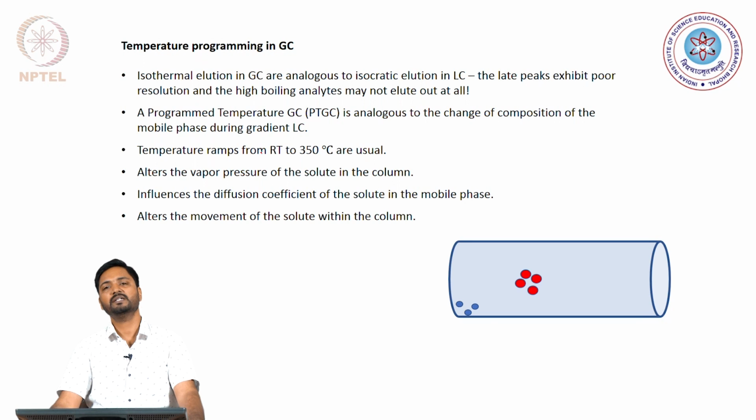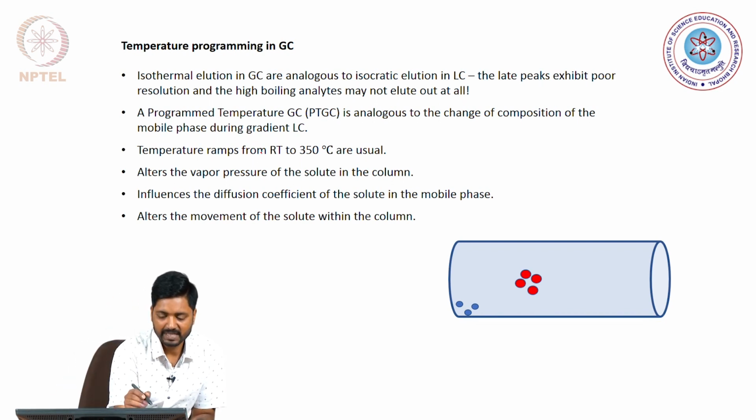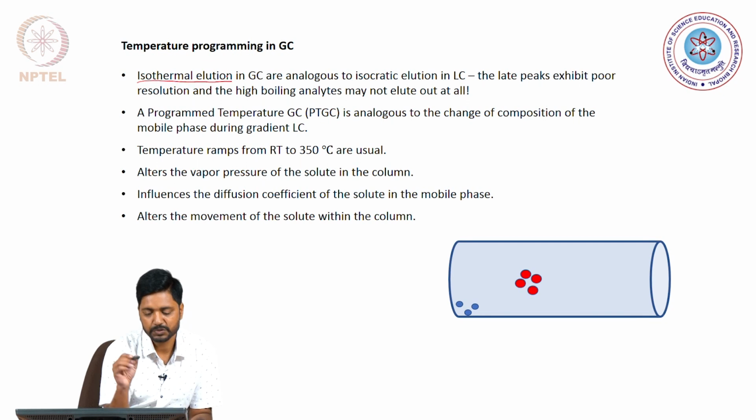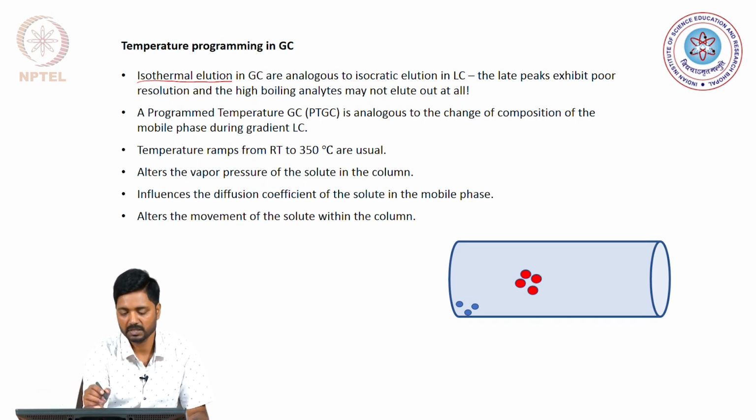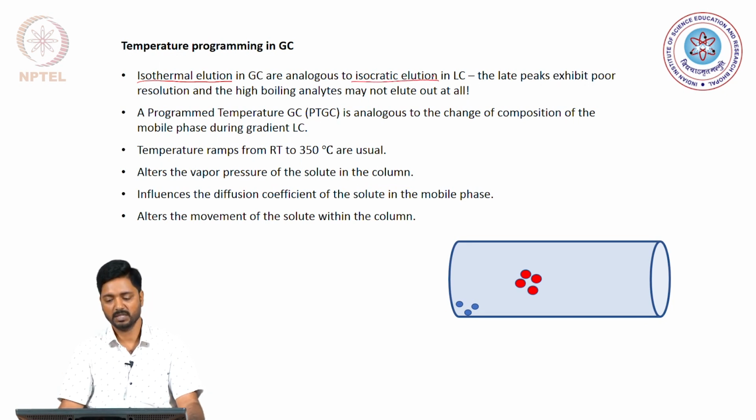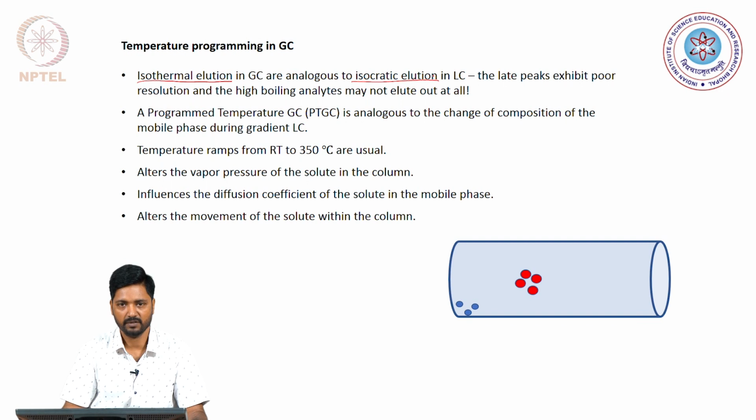Now let us talk about the temperature programming in gas liquid chromatography. As we can expect, an isothermal elution, that is elution that is undertaken at a constant temperature of the column oven, is analogous to what is considered as the isocratic elution in liquid chromatography.